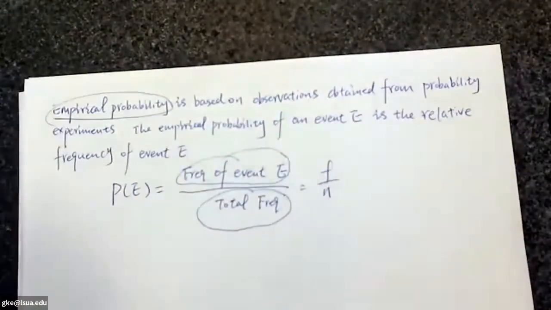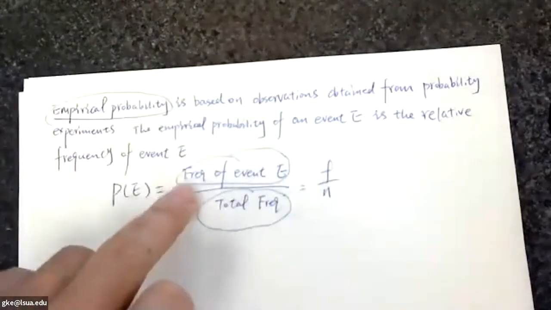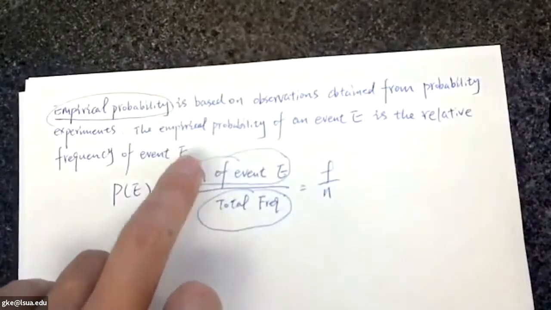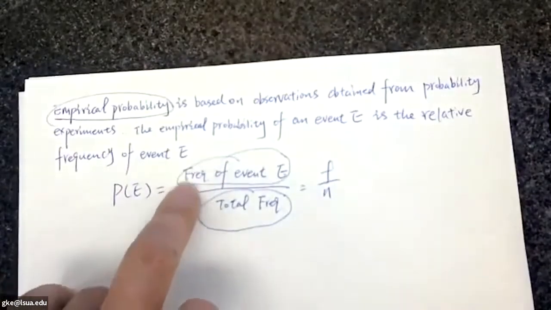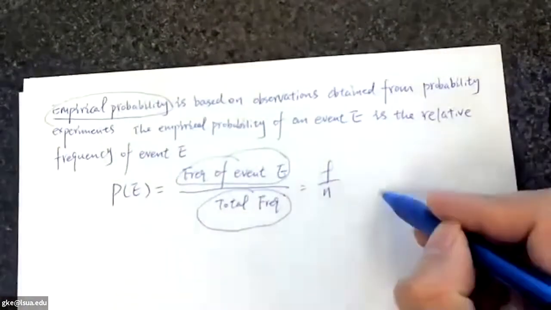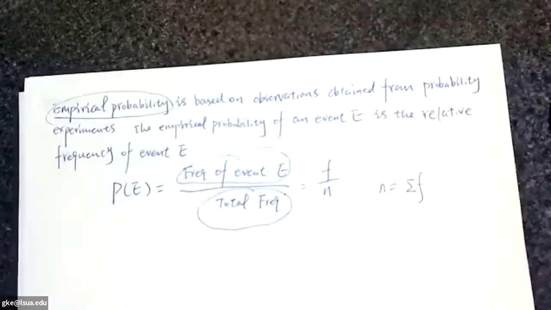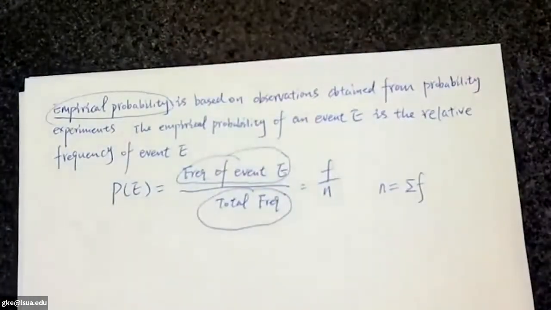To calculate the probability of event E, find the frequency divided by the total frequency. And as we know before, the total number N is the summation of all the frequencies.